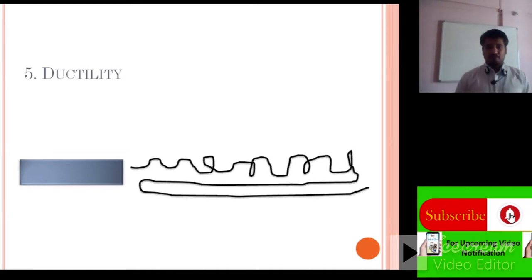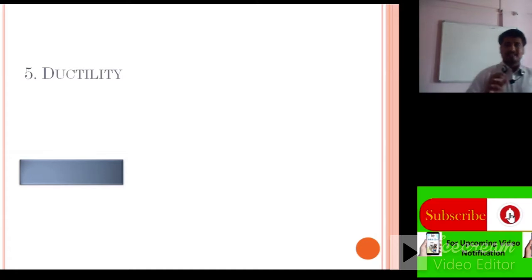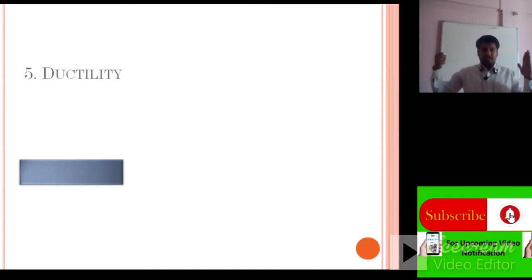This is a metal rod, and we apply the external load at one end. Consider that one end of the material is fixed and we pull at its other end. When we pull the material, after a certain applied load, the material is converted into a thin wire.